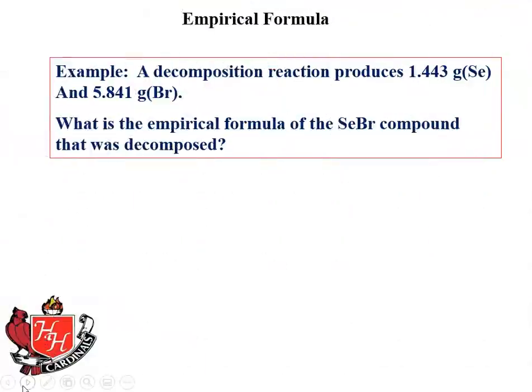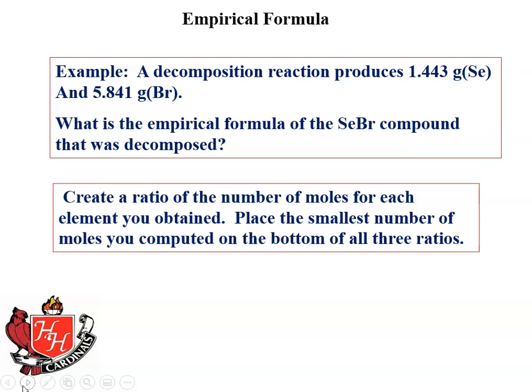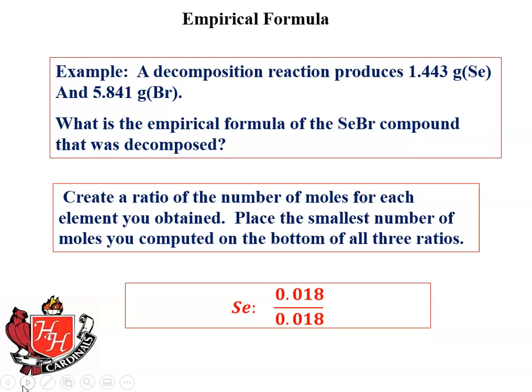All right, so the next step is you create a ratio of the number of moles for each element you obtained and place the smallest number of moles you computed on the bottom of the ratio. There's actually just 2 in this particular problem. There's 3 in a later problem. So selenium, that was the smallest number of moles of those two compounds.